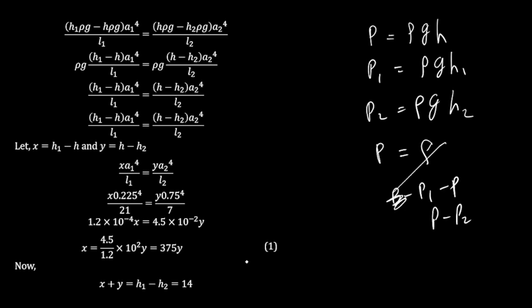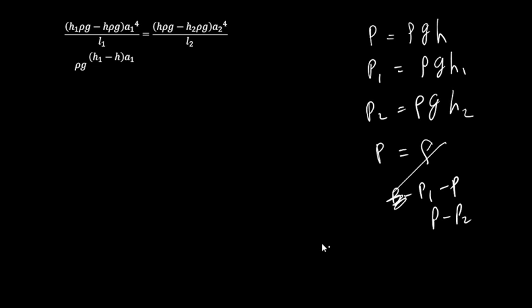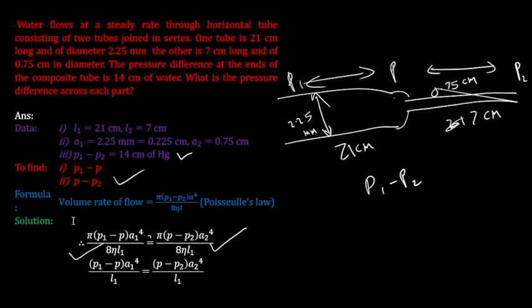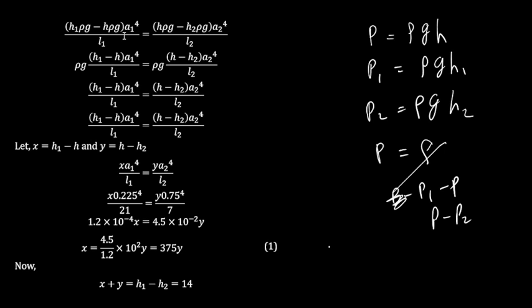So let's look at the previous equation. Pressure P1 is replaced by rho g h1, P by rho g h, and P2 by rho g h2 to get the next equation. Rho g is constant on both sides of the equation and they cancel.